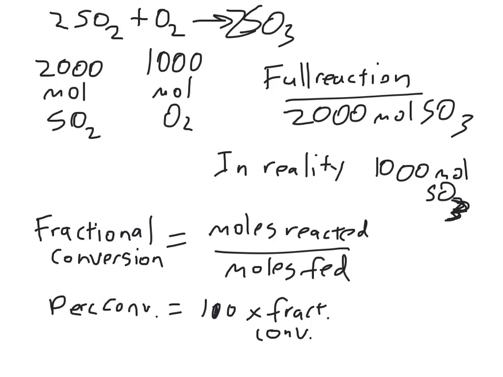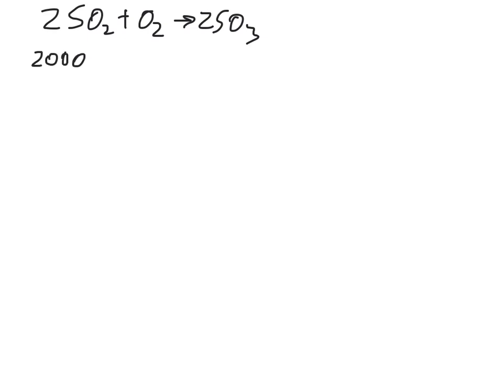So let's look at an example of this. Going back to my famous 2SO2 plus O2 going to 2SO3, let's assume that we have a reactor and we start with 2,000 moles SO2 and 1,000 moles O2.